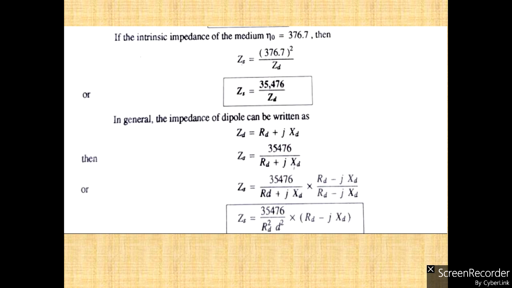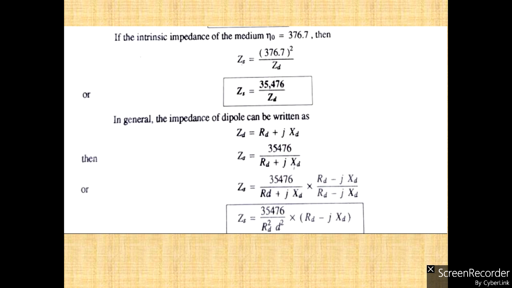So the impedance of the slot antenna is Zs equal to 35,476 divided by Zd, or Zc, whatever we have taken as the complementary dipole impedance.